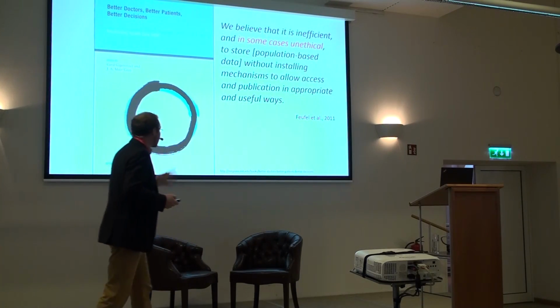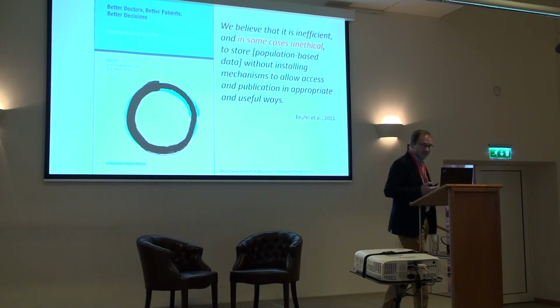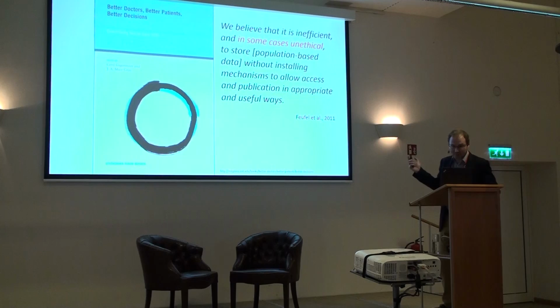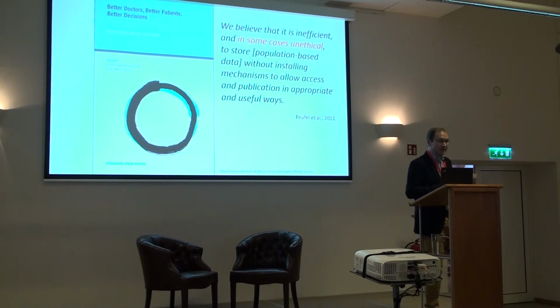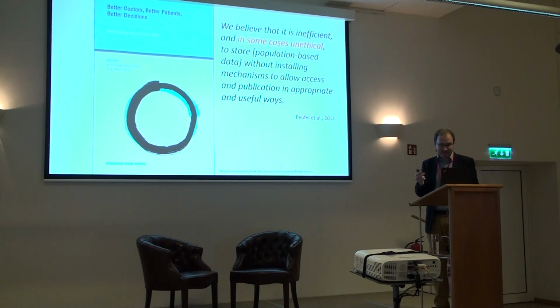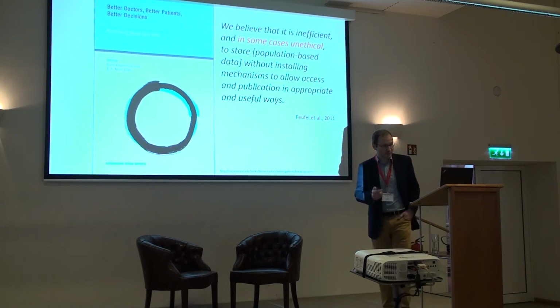So this was written quite nicely in a book in 2011, saying that we believe it is inefficient and in some cases unethical to store such population-based data without installing mechanisms to allow access and publication in appropriate and useful ways. So once we have the medical ethics people on our side, maybe it will move faster and we'll be able to get the data that's needed to do these very useful things.